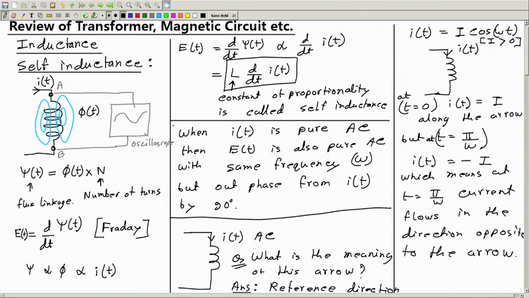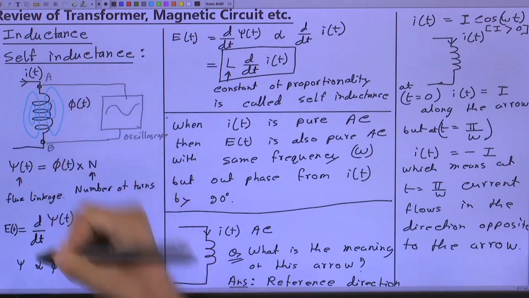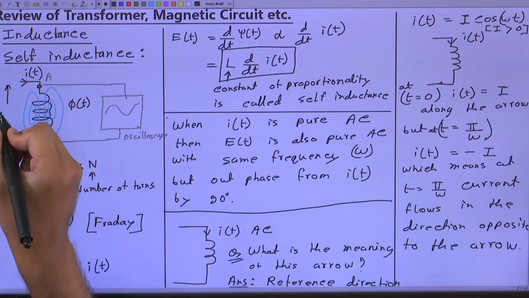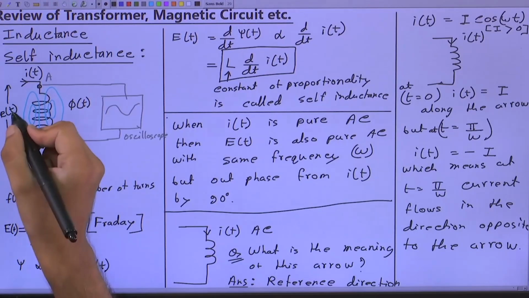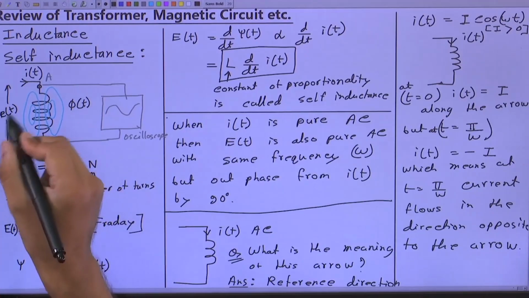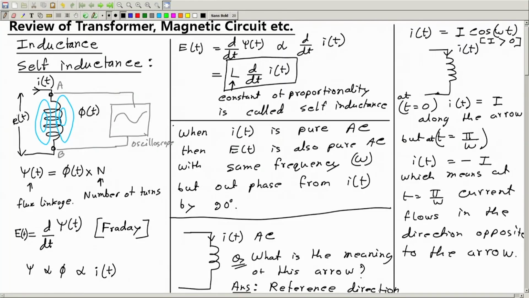So now we have gone back to self inductance, where we have current through this coil, and therefore some EMF will be induced. Small e(t) is the time varying quantity, and you know that we also have a concept of phasor.